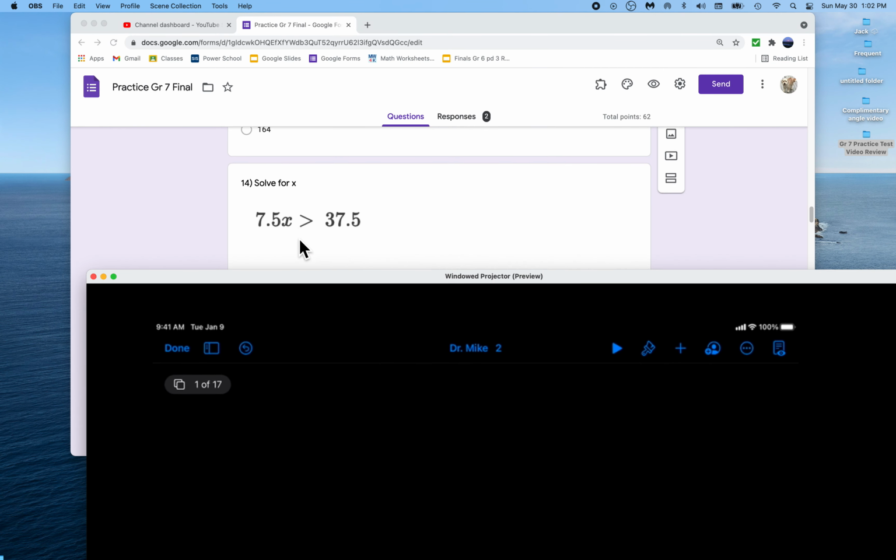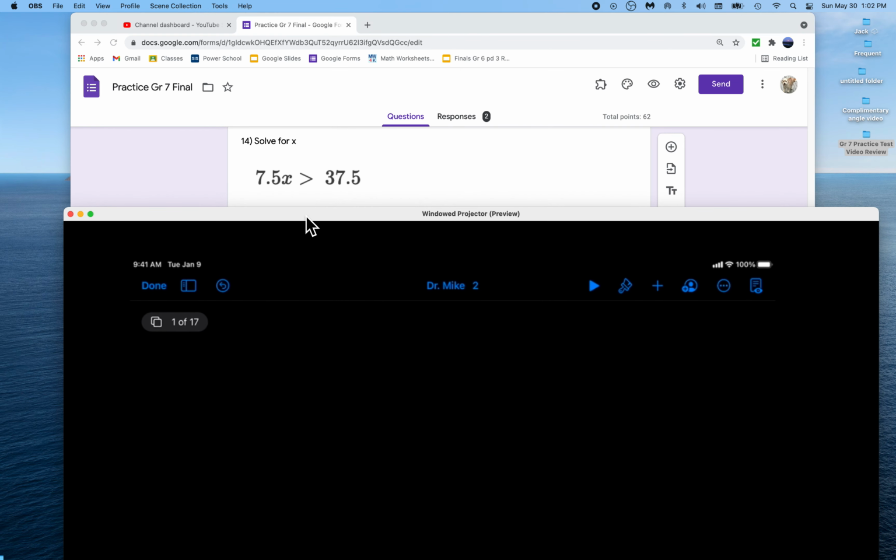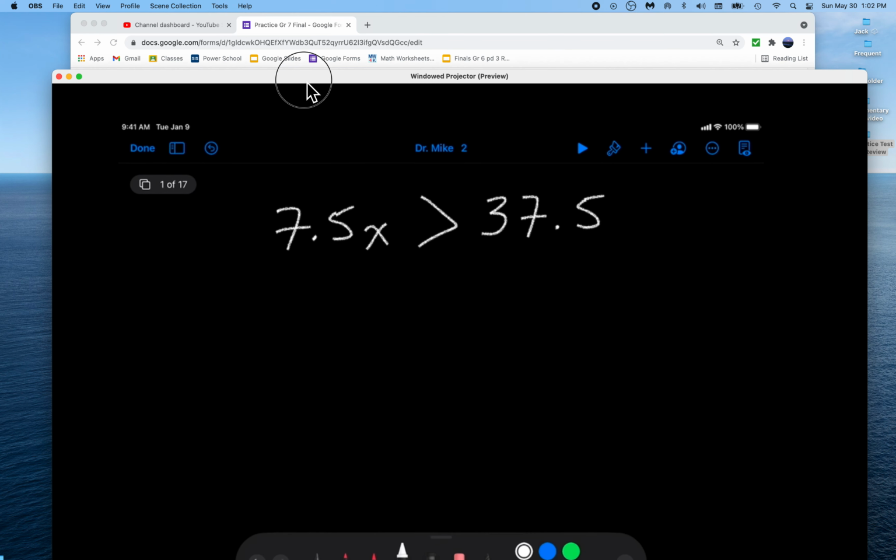Next one. Okay. Now we have an inequality. Remember we talked about that during the vocabulary section. So let me write that down. For the most part, you solve inequalities the way you would solve an equality.